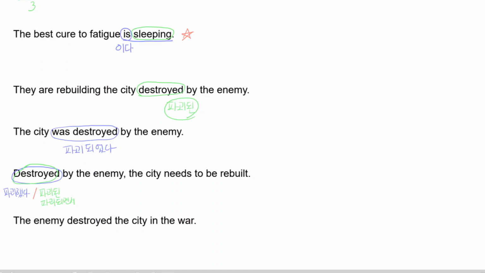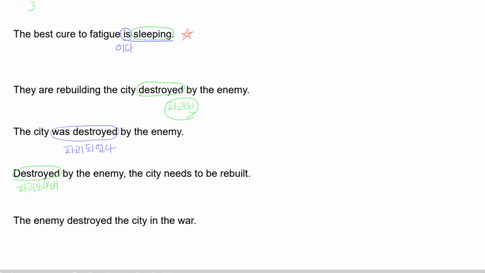Right? So 파괴했다, 파괴된 isn't right. 파괴되면서 I guess is the right in this context. So let's erase this. Mark with green and the correct translation is 파괴되면서. Right? 적에 의해서 파괴되면서 그 도시는 재건될 필요가 있다.